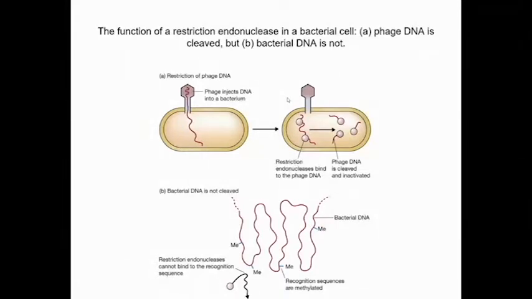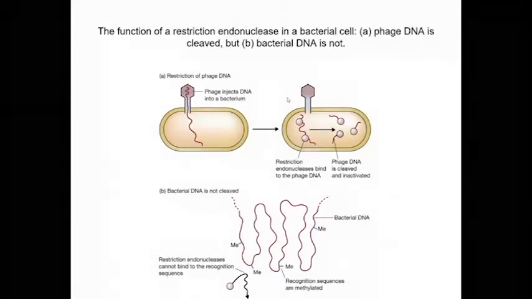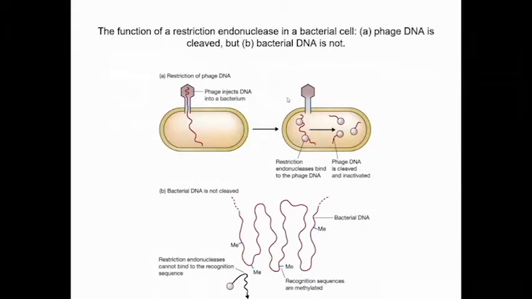How did we discover this? Restriction endonuclease was discovered in bacterial cells, and it is a defense system for the bacteria. Bacteriophages can infect the bacterial cell, take control of the host system, and later lyse the cell.